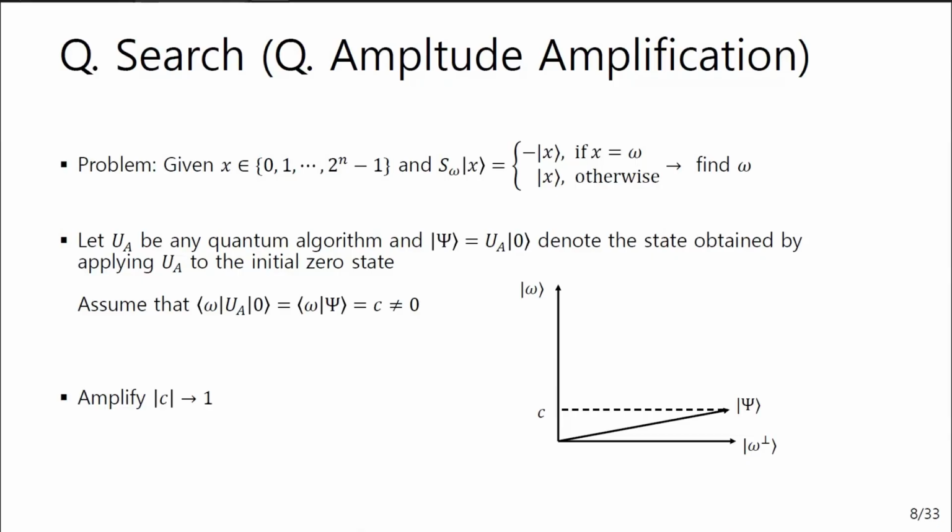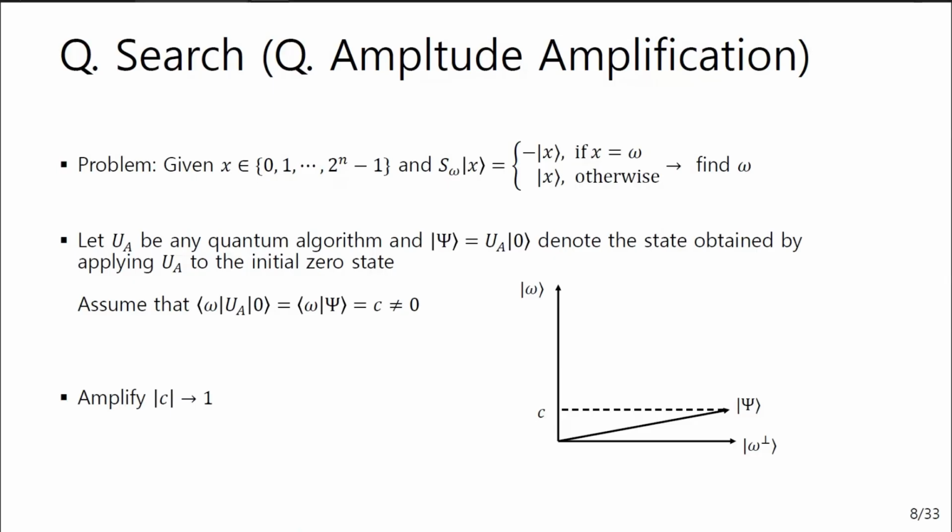Let U_A be any quantum algorithm and the state psi equal to U_A applied to the zero state. Let's assume that the inner product between the target state omega and the initial state psi is equal to C, which is not zero. The inner product value would be very small if the data structure is huge. Then we have to amplify C by applying unitary evolution to our initial state psi.